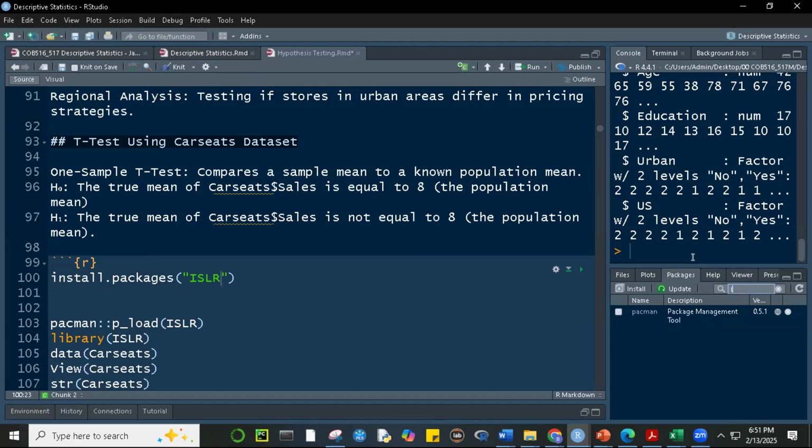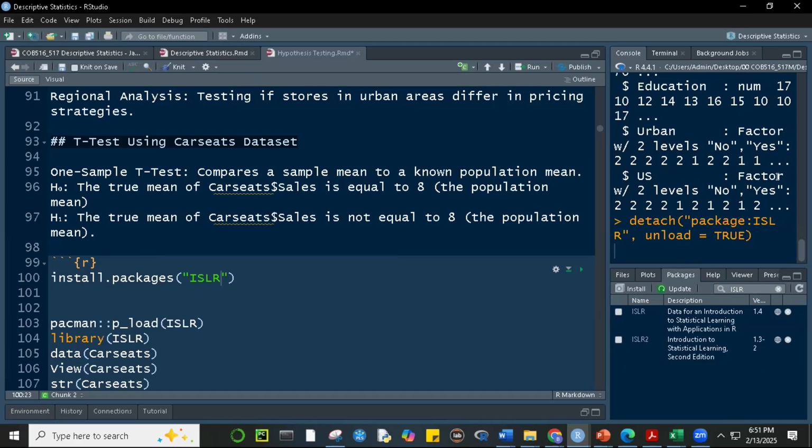But you are not able yet to make use of the functions of ISLR. You will have to load it by using library. So this is the sequence: you install the package first and then use library.